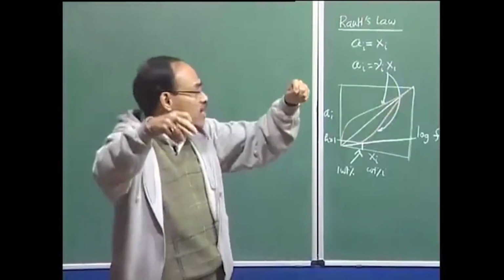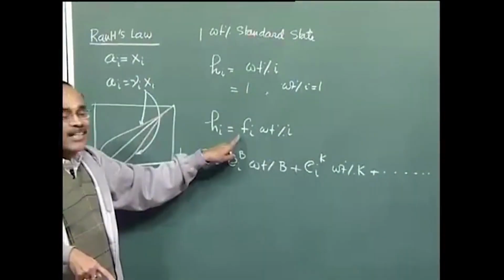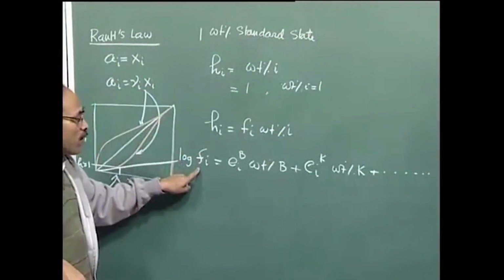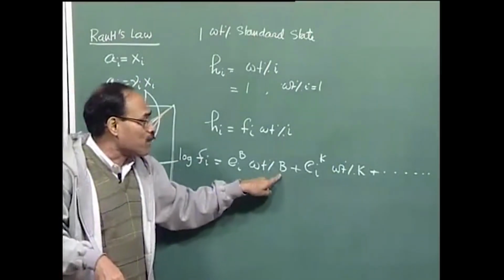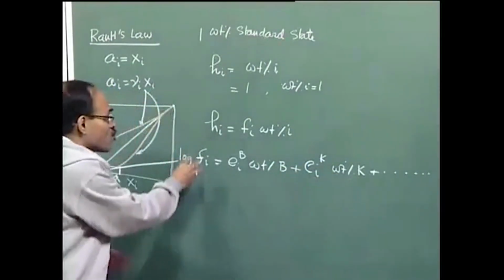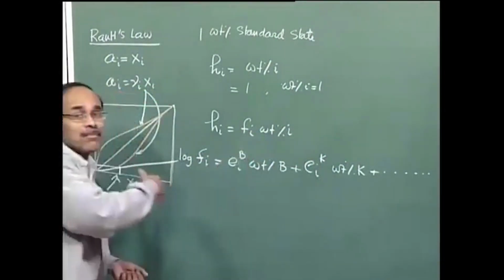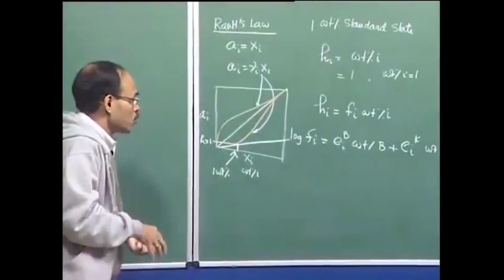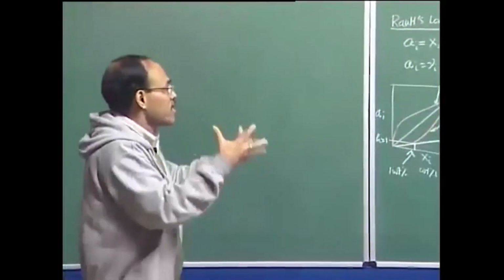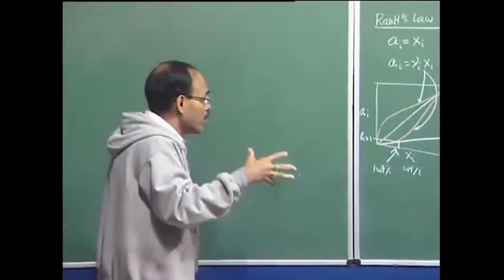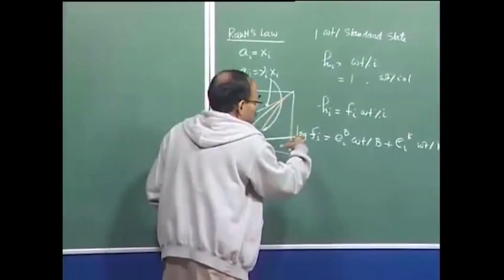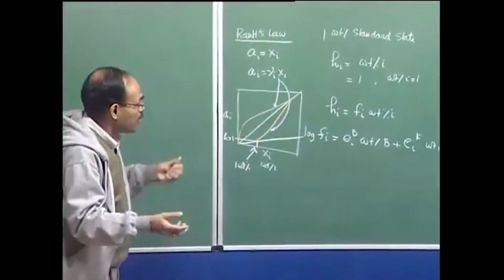All of these things are dictated by fi, and the dependence of fi on the weight percentage of various species. You can interpret i to be oxygen here, B may be silicon, K may be aluminum, and so we have a multifaceted influence of all the solute elements over any element, and thereby its activity can be either increased or decreased.